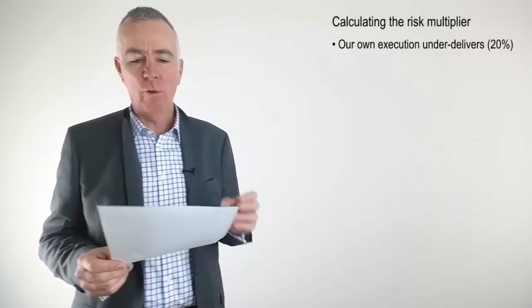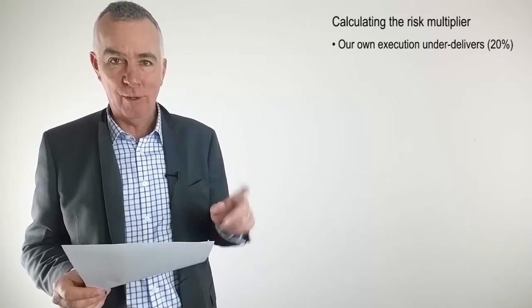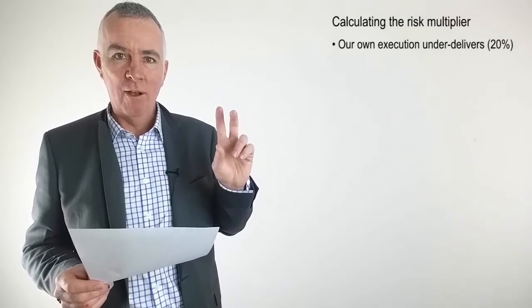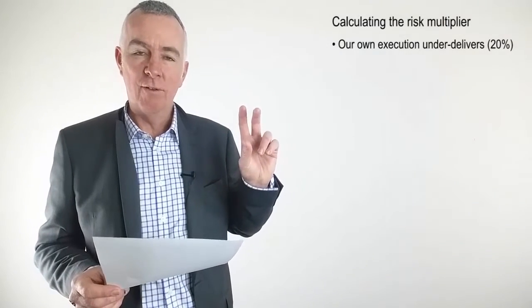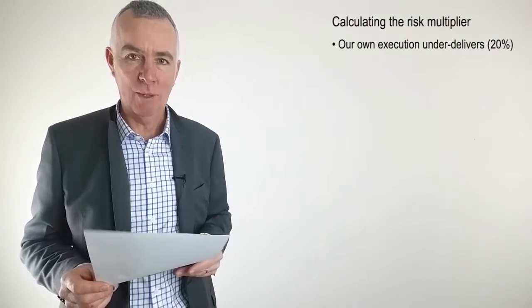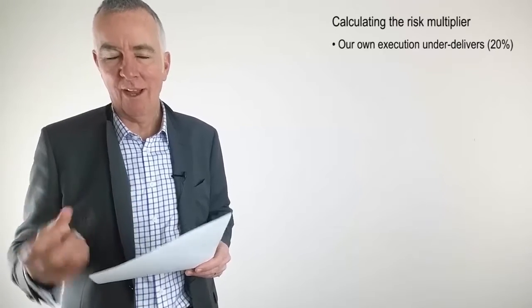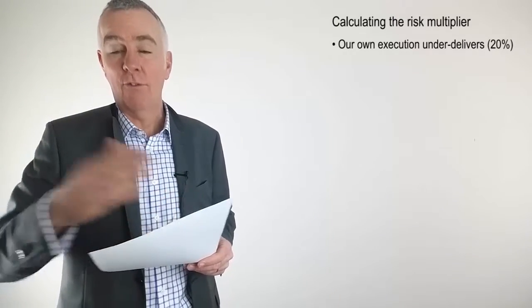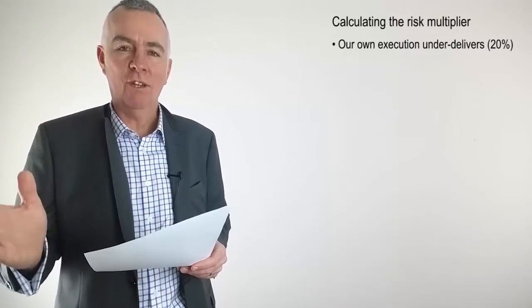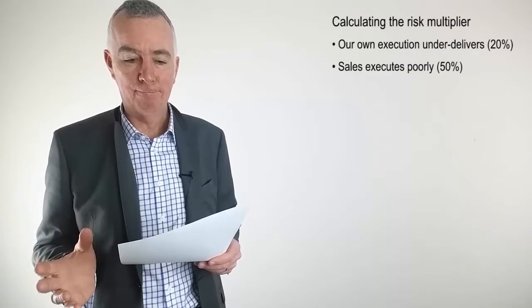So factor for your own execution risk, that is, that you're part of the problem. In the example here, I'm going to say 20%. So the first risk is my own product or service failing to deliver, and let's say we'll give that 20%. The next risk, and in this case, because we're a marketing services organisation, I'm going to give you an example from the sales side of the house, that the sales execution fails to deliver, and let's give that a 50% probability.